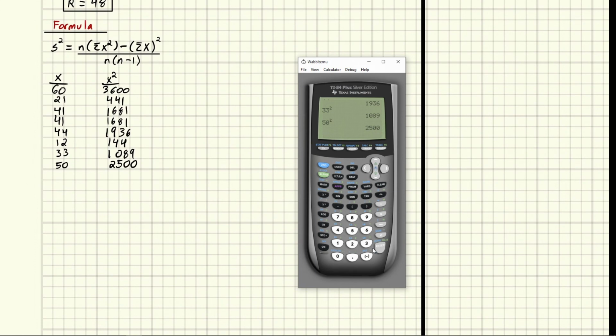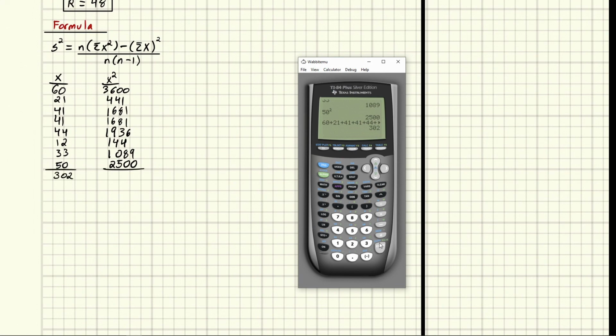So doing this, we'll go ahead and add them. So we get 60 plus 21 plus 41 plus 41 plus 44 plus 12 plus 33 plus 50, and we get 302. All right, so at the end we get 302.